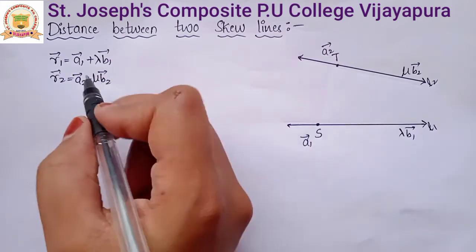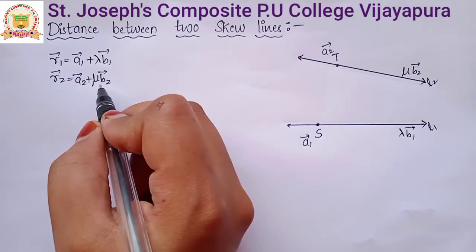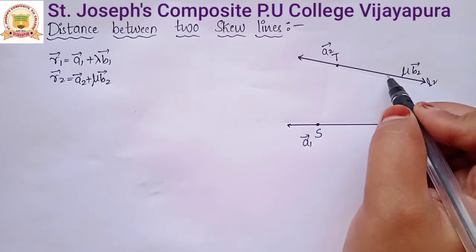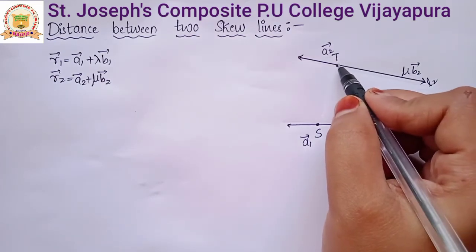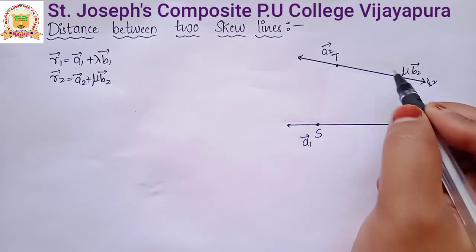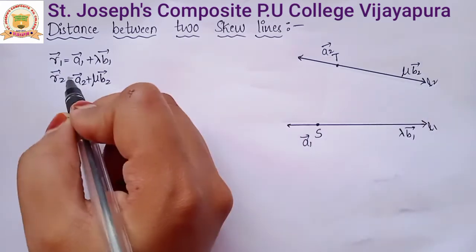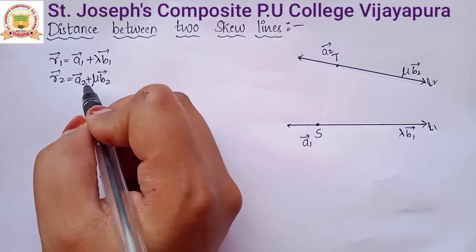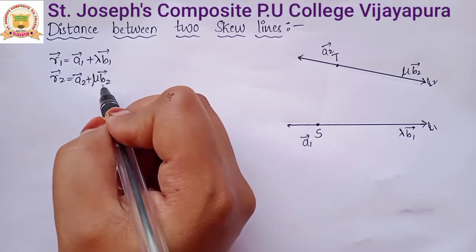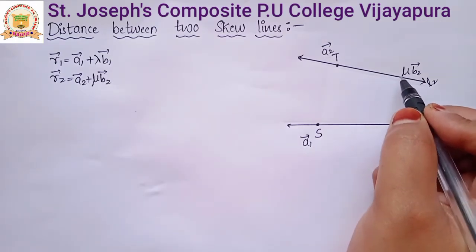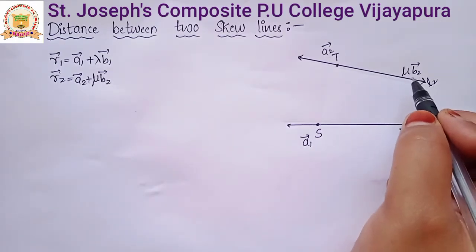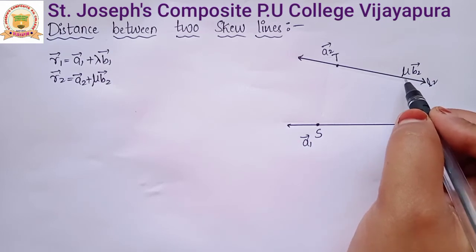And this is the equation of line L2, having the point T on this line with position vector a2, and this line is parallel to the vector b2. So its line vector becomes mu b2.